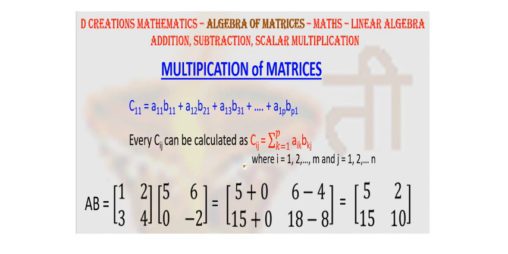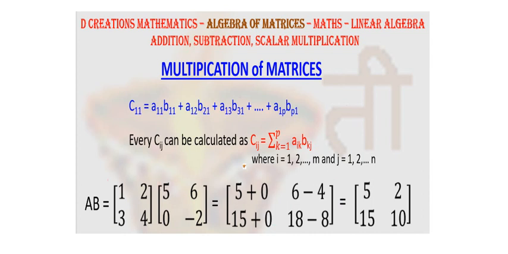Similarly, when you want to get this particular entry, you have to consider 1 into 6 plus 2 into minus 2, which is 6 minus 4. Again here, 3 into 5 plus 4 into 0.